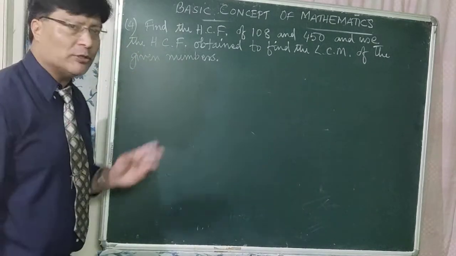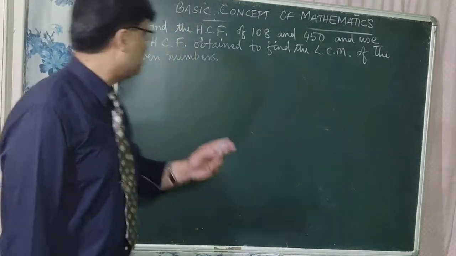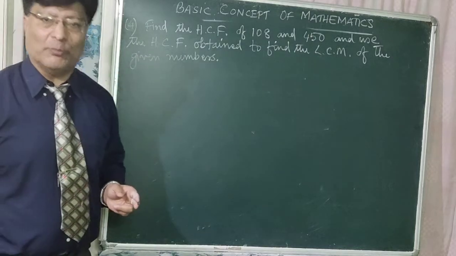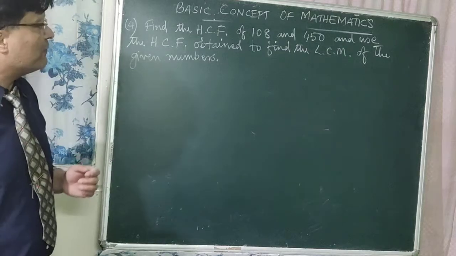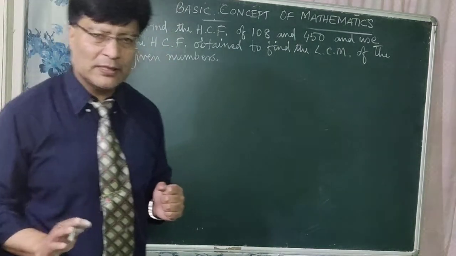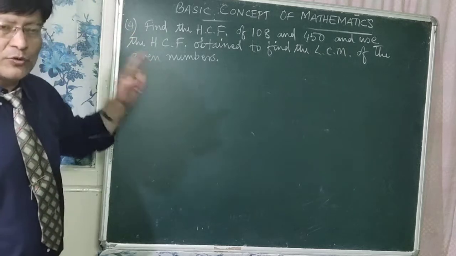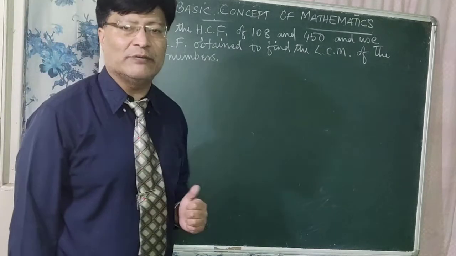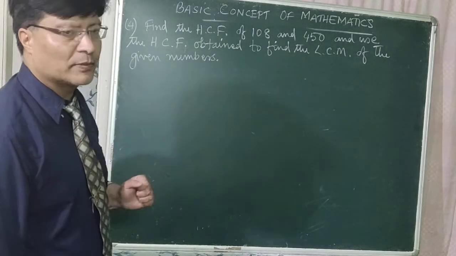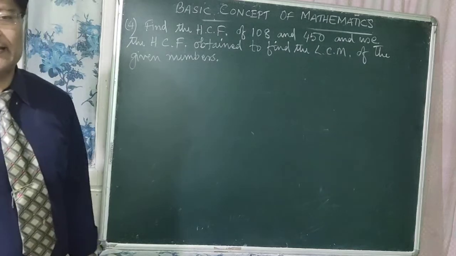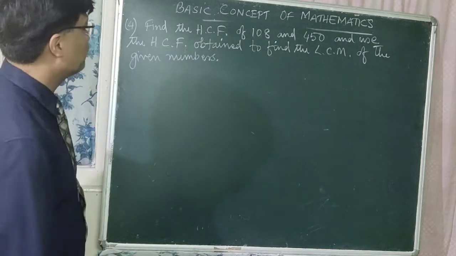Then you have to use this obtained HCF to find the LCM of the two given numbers. Is the question understood? So now let us find out the HCF of 108 as well as 450. These are the two given numbers, right?